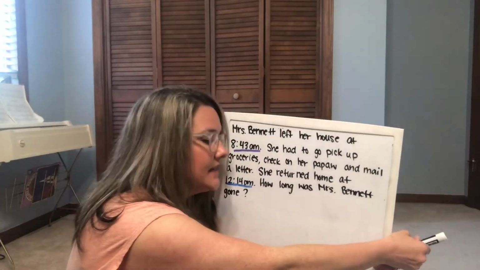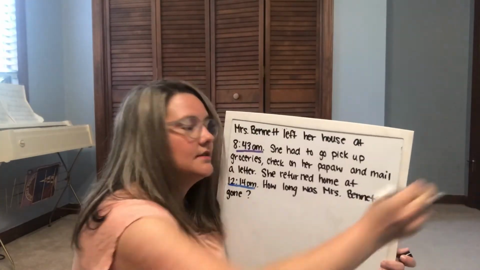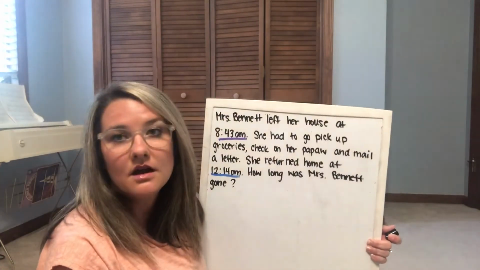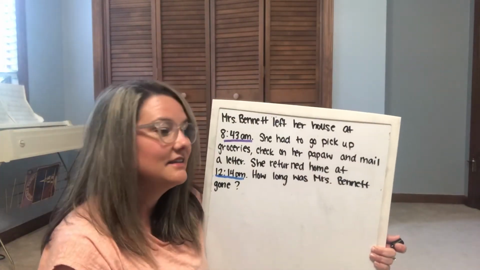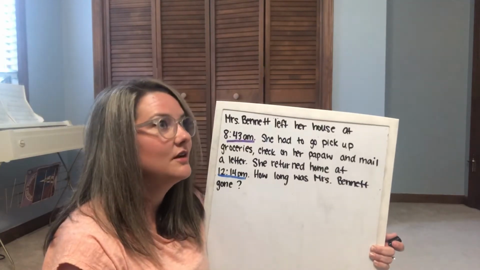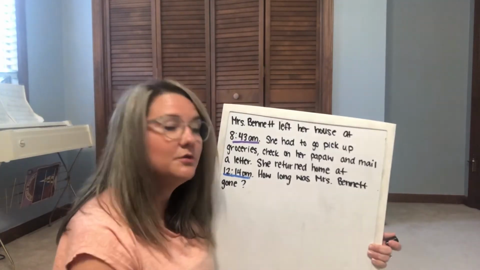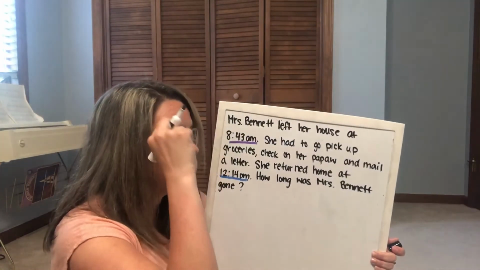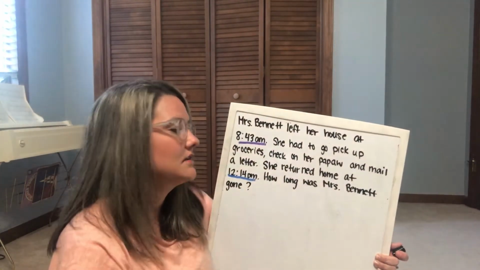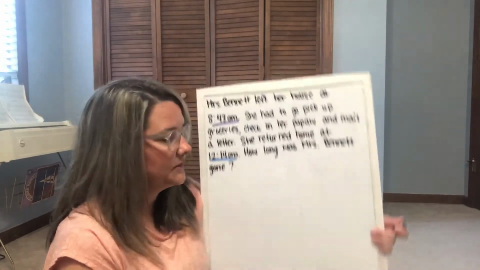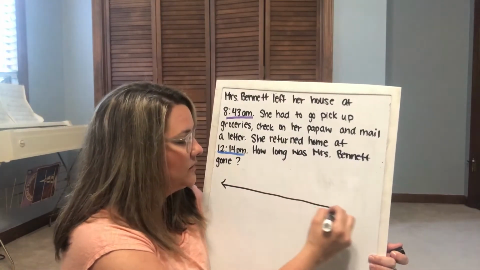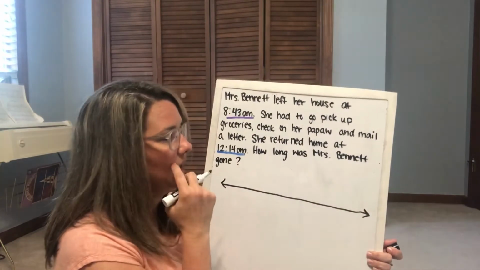Now, the best strategy to use is a number line, because we can't always have Judy clocks when we're taking an assessment, or in real life. We do wear watches, but sometimes it is easier to visualize how much time has passed on a number line. All right, so I'm going to draw a number line here.